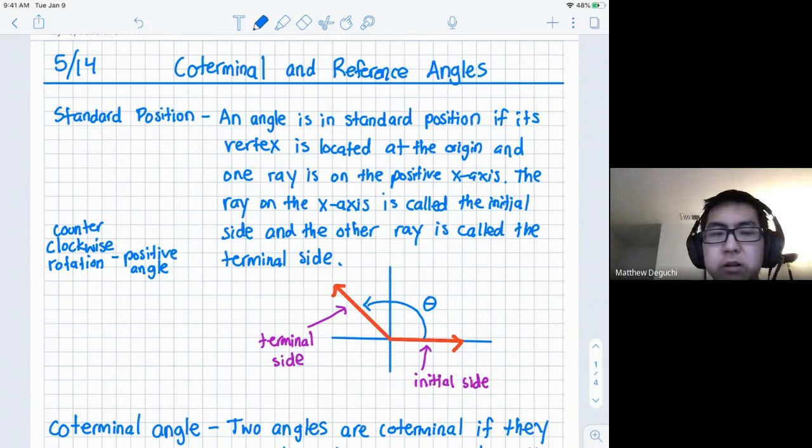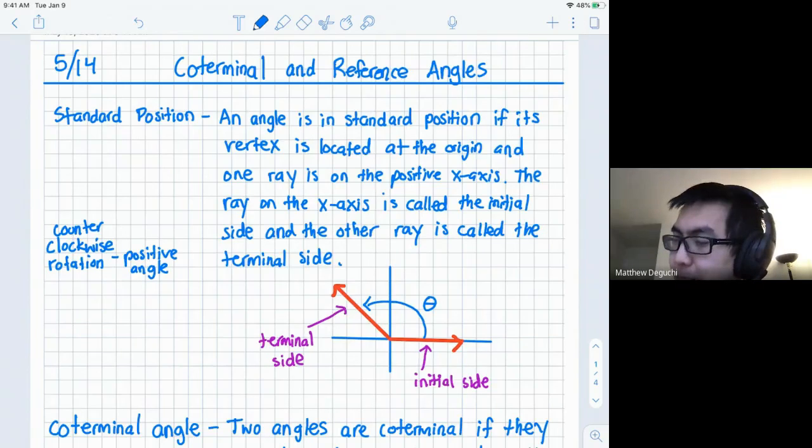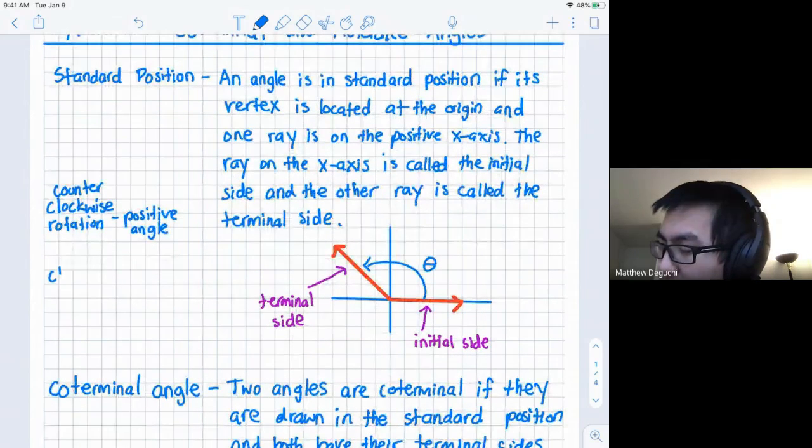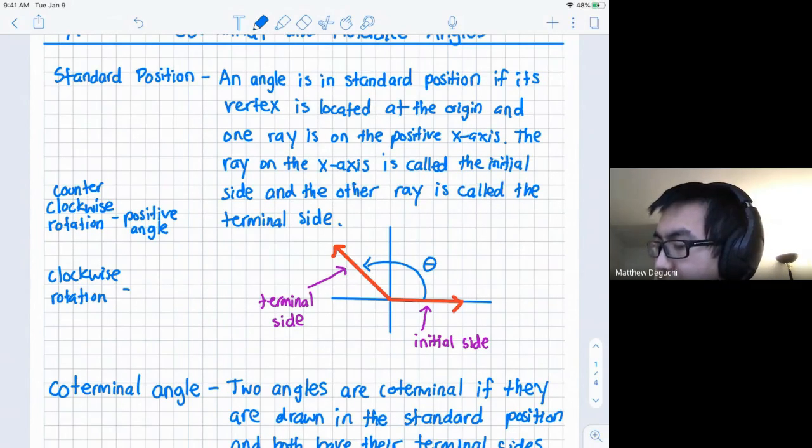So a counterclockwise rotation is a positive angle, okay? Clockwise rotation is going to give you a negative angle.